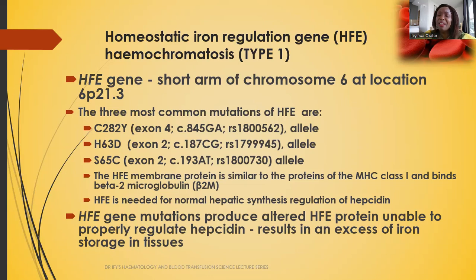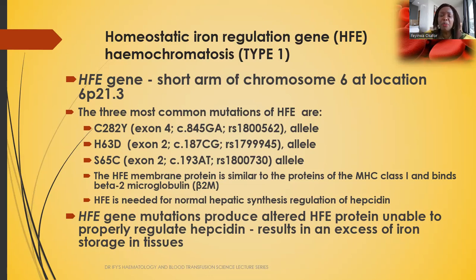So when there is mutation in the HFE gene, the HFE protein that is produced is altered. This makes the protein unable to properly regulate hepcidin, and the result of this is that iron absorption regulation is faulty, and there is excess iron absorption, which leads to subsequent deposition of iron in different tissues and organs of the body.